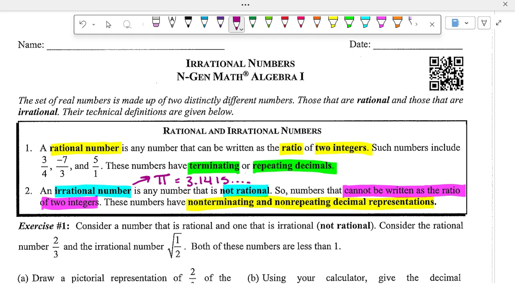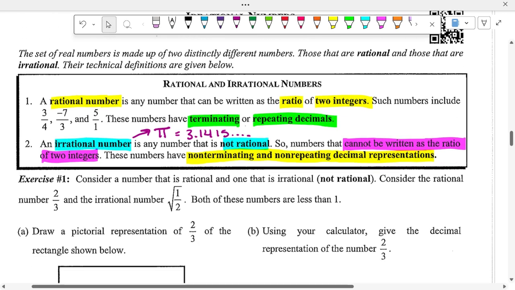There's no rhyme or reason to how the digits repeat. They just keep going on forever and ever. That's probably an irrational number that you've dealt with the most. Now, why is this important? Because more often than not, non-perfect square roots typically give you irrational numbers. That's why they give you those funky decimals.